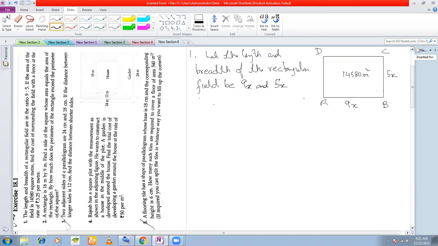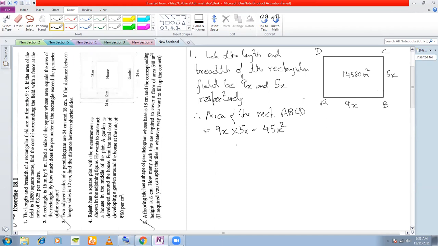So what should be the area? Length into breadth, right? Therefore, area of the rectangle ABCD is equal to 9x into 5x, which is equal to 45x square.